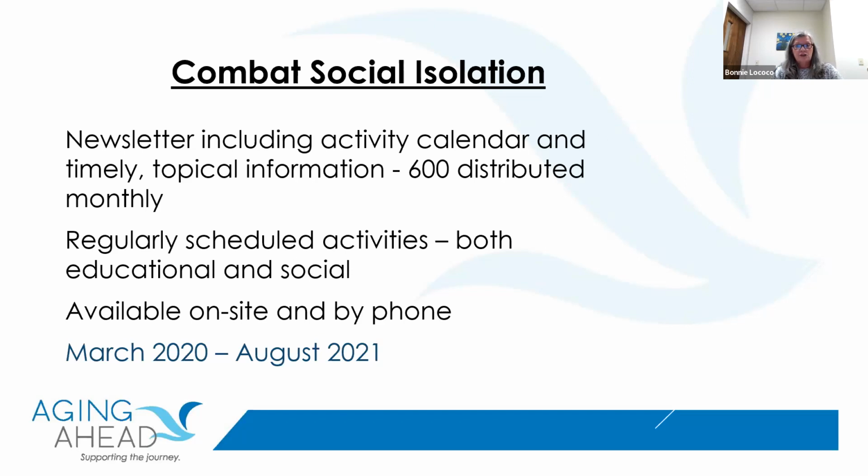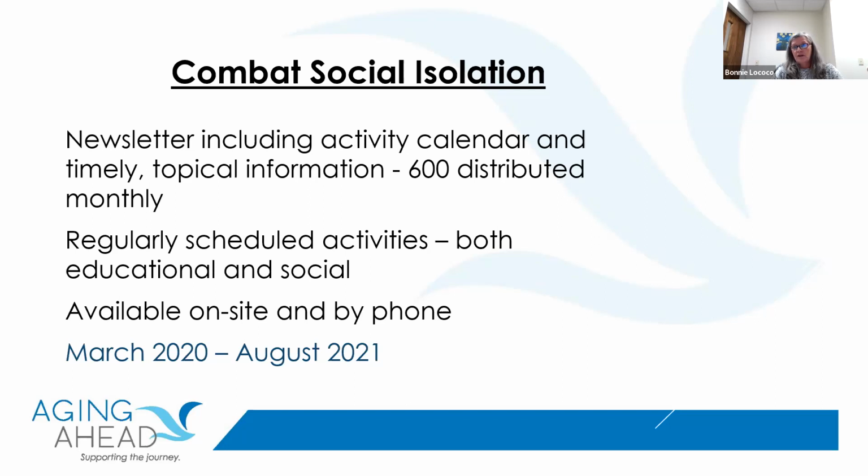So we try to include topics that are timely and trending. For instance, around this time of year, we've had articles on budgeting money during the holiday season. In January, we might talk about New Year's resolutions and what kind of resolutions seniors might want to focus on.